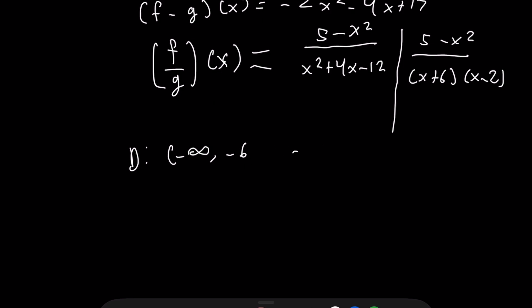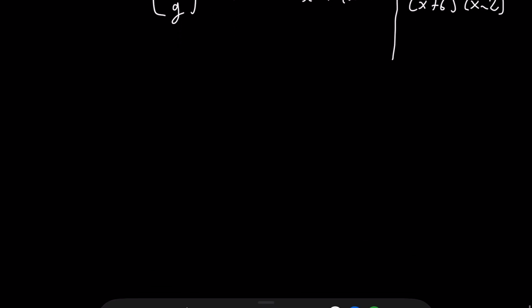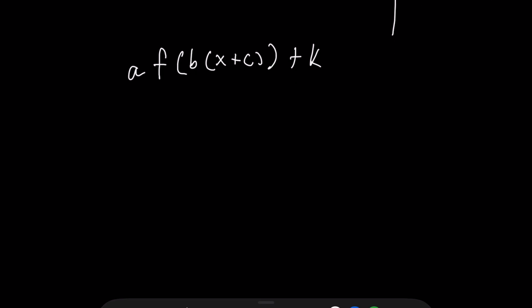Now that was a little bit of an introduction to function notation. And now I want to introduce you to what happens when we do something like this. All these little numbers, they transform the function.